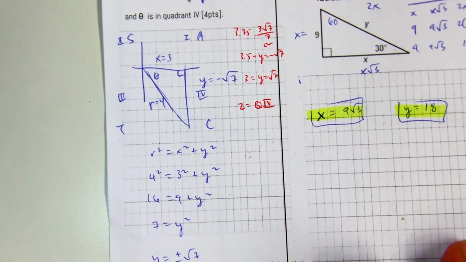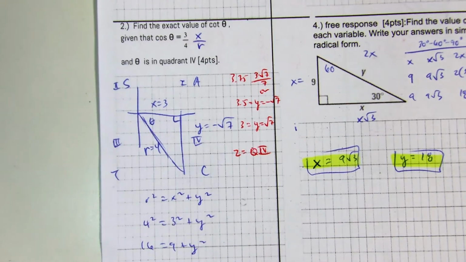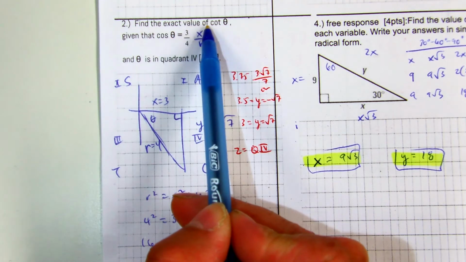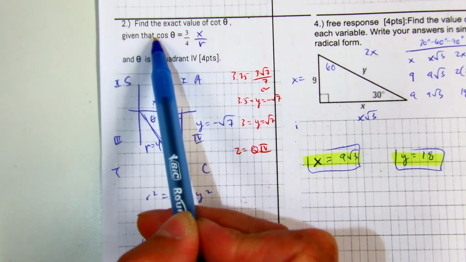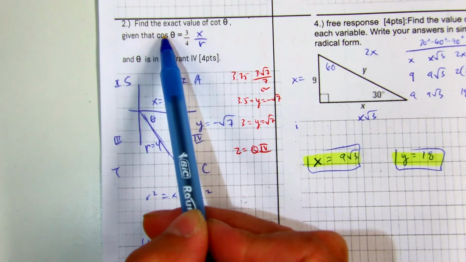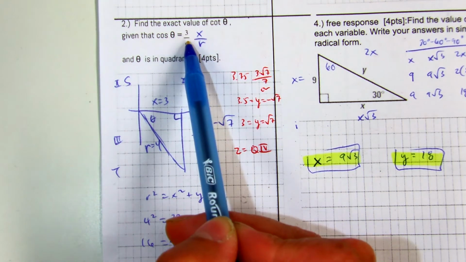Question number 2 is a free response question. Find the exact value of cotangent of theta given that cosine of theta is 3 over 4. Cosine with its letters is x over r, and cosine is positive.